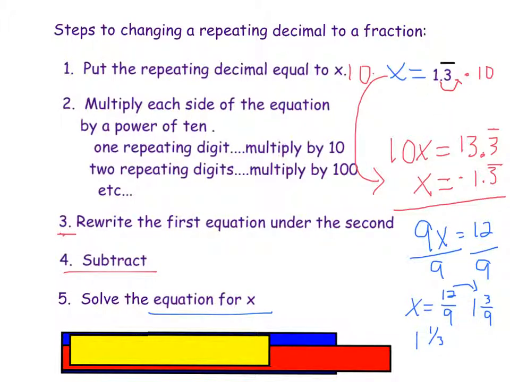Here's our 1 whole, and the 1/3 and the 0.3 are the same. So 1.3 repeating is the same thing as 1 1/3. And using these steps, you can get it every single time. So let's try another example. If you look back at your notes, the first step is putting the repeating decimal equal to x.